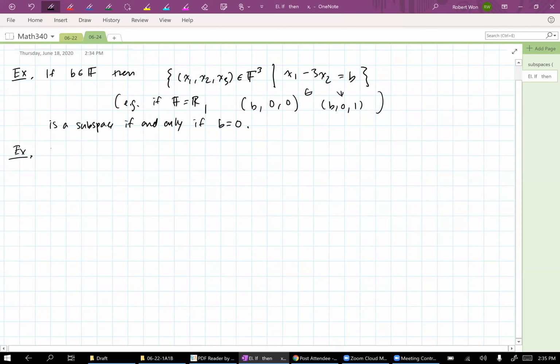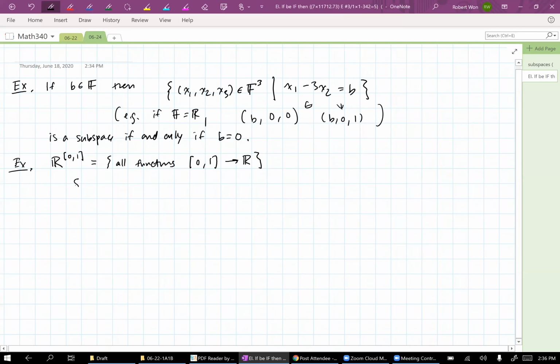Here's another example of a subspace. Remember that this vector space, we said this is a set of all functions from the interval [0, 1] to R. So this thing is a vector space over R. We can look at the set S of all continuous functions f from [0, 1] to R. Right, so this is some subset of functions.